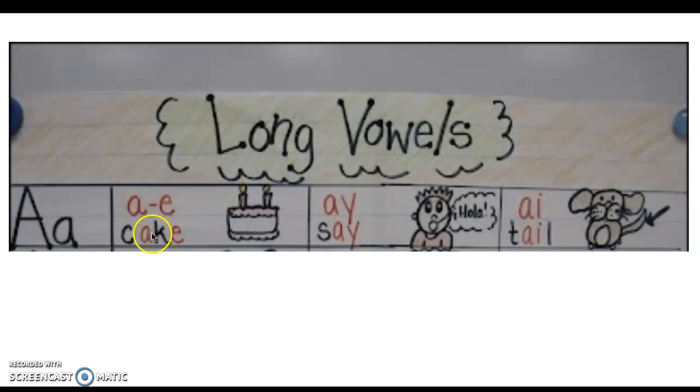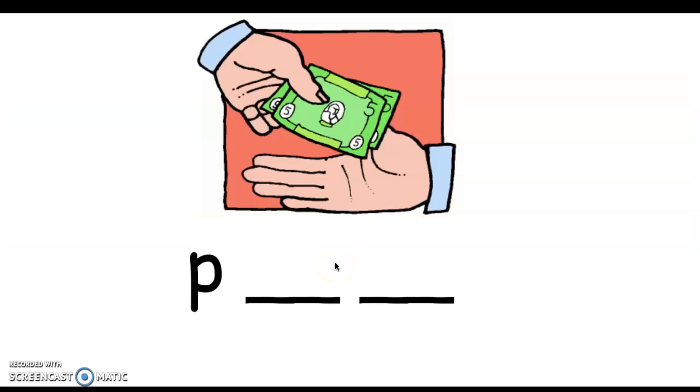So magic E with A might be a little bit tricky, but you just need to know with practice. But A-Y, we know is going to be at the end of a word, like in the word say. If I stretch it on my hands, S-A, oh, long A's at the end, I know it's going to be A-Y. So let's see if we can figure out what patterns make up these words.